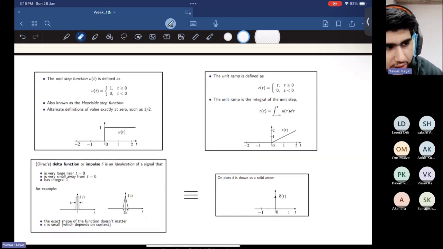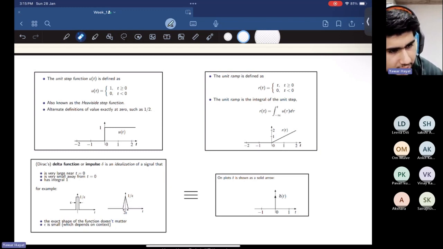So the unit step function u of t is defined as 1 for t greater than or equal to 0, and this function is 0 elsewhere. This is also known as the Heaviside step function, and alternative definitions of the value exactly at 0 are like half, but you can just ignore this for now.